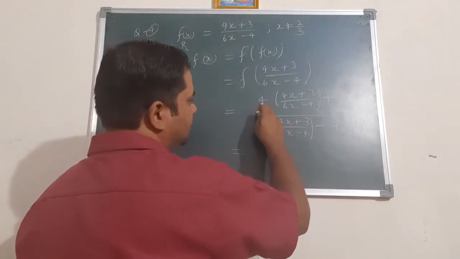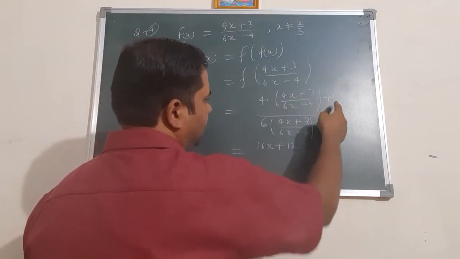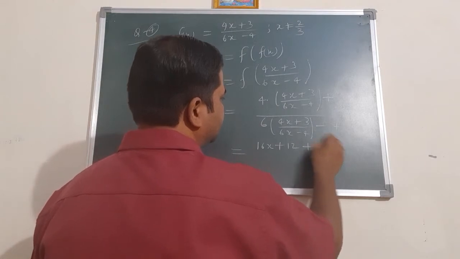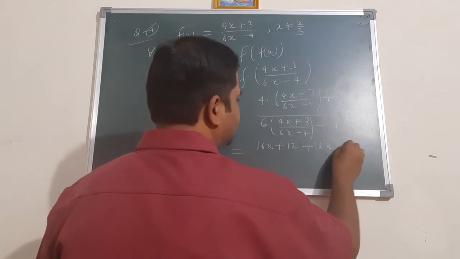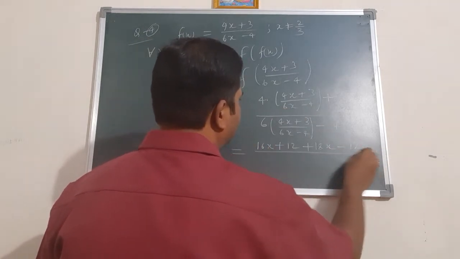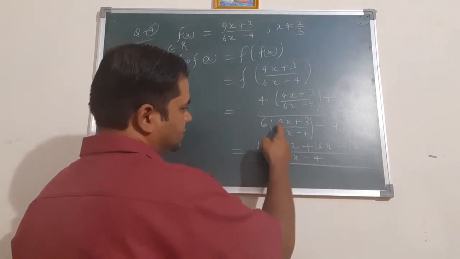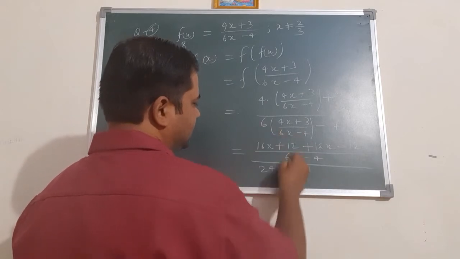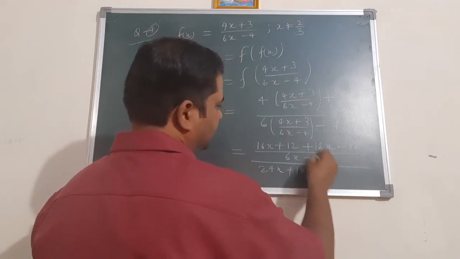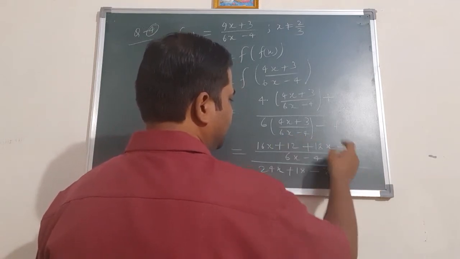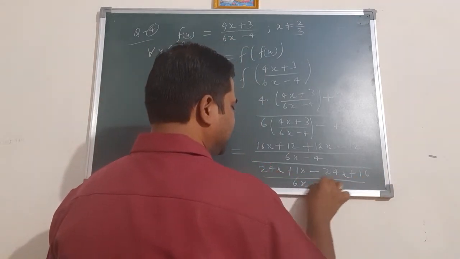How to calculate? You just see, 4 4s are 16x plus 12, plus 12x, 18x and minus 12, whole divided by 6x - 4. And again 6 4s are 24x, 6 3s are 18, minus 24x and plus 16, divided by 6x - 4.